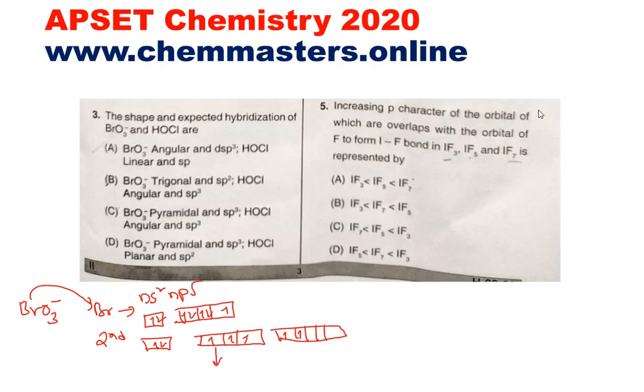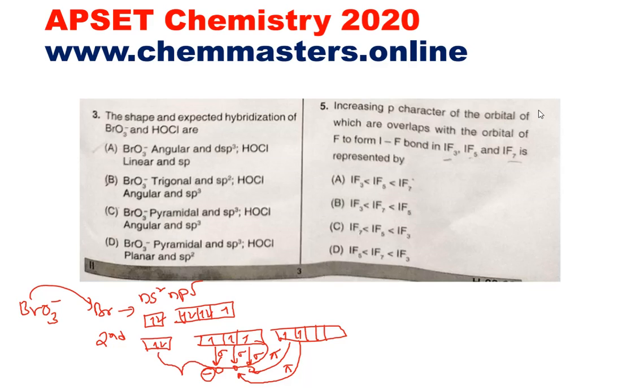So the 3 unpaired electrons will make sigma bonds with 3 oxygens, and the other 2 electrons can make pi bonds with 2 oxygen atoms. The other oxygen atom bears the negative charge. Now from this we can say that we need to consider the sigma bonded orbitals only for the hybridization.